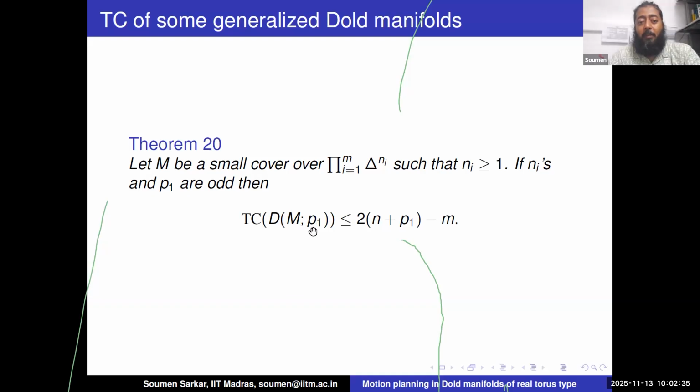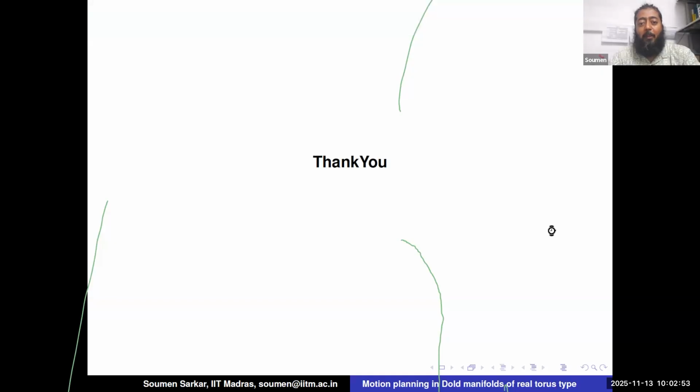So TC of this Dold manifold, now we are taking only one component, P_1, so that means in the second component we are taking S^{P_1}, the P_1-dimensional sphere. Then we can have this upper bound. Okay, so my talk was very short. Thank you for your attention.